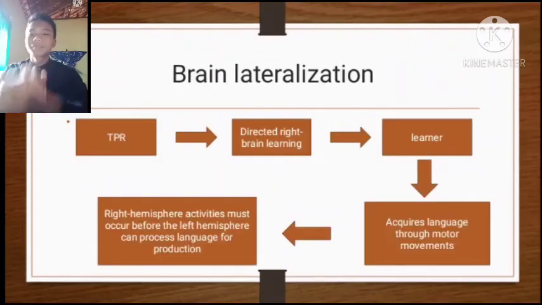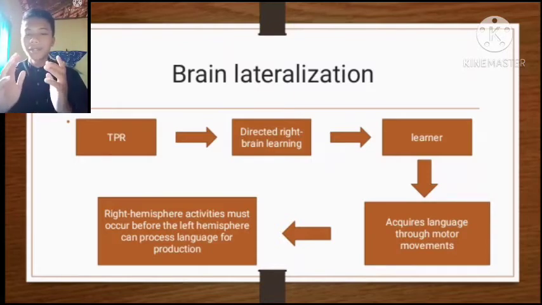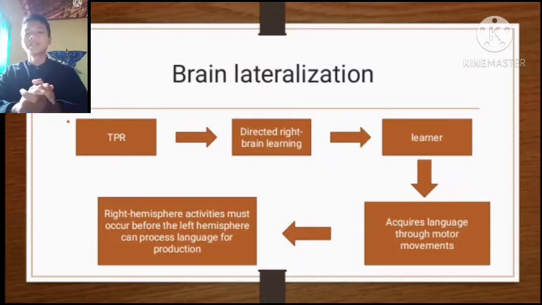Okay, next, brain lateralization. This is a mind mapping about brain lateralization. The first, TPR. Second, the right brain learning.